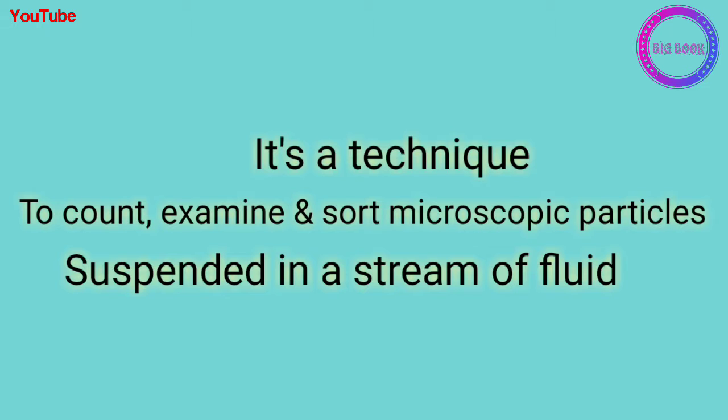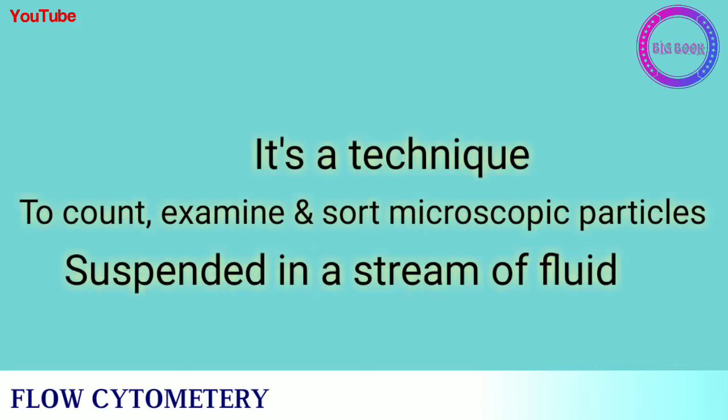Here this is a technology where we can evenly count the number of particles which we are examining and also sort the microscopic nature of that particle, where we can understand certain features of the particle, and also it is used in many fields of science. As we are discussing biology, we are going to use it for cell biology count.